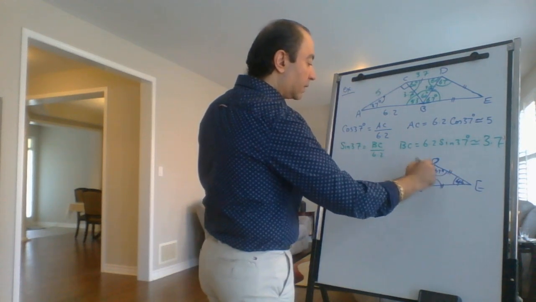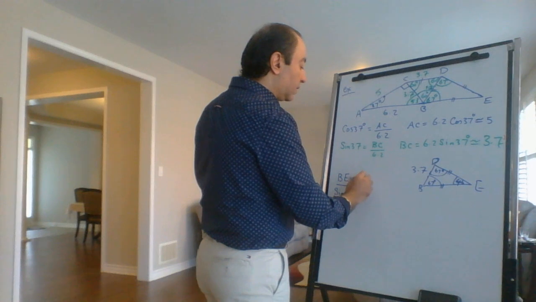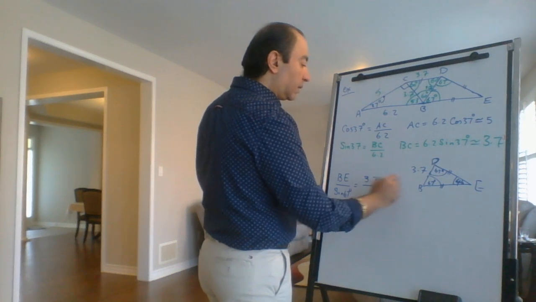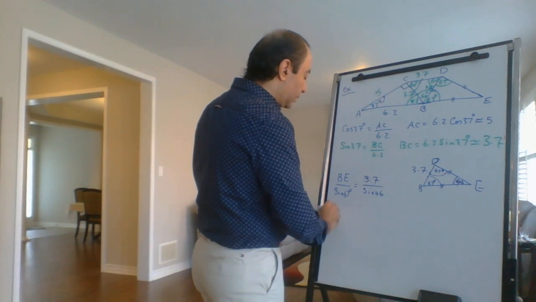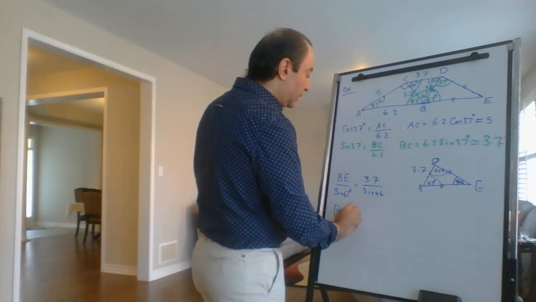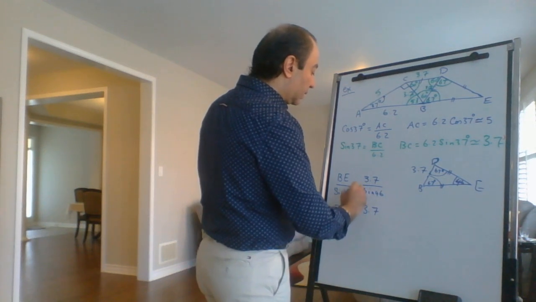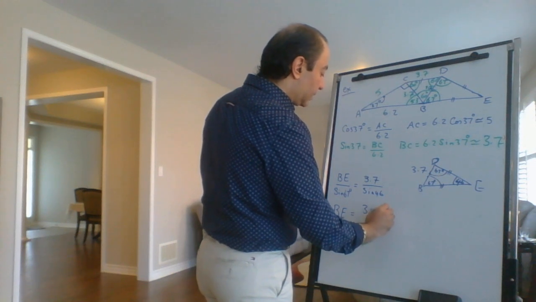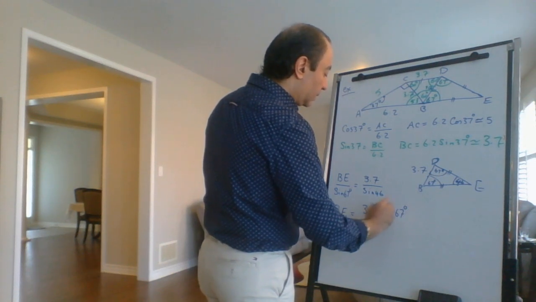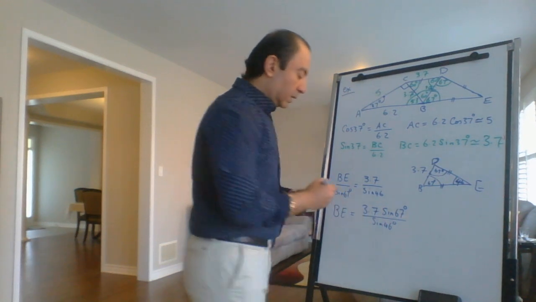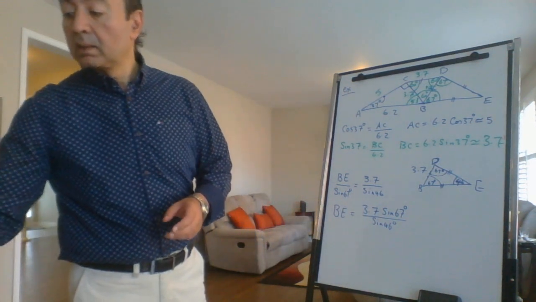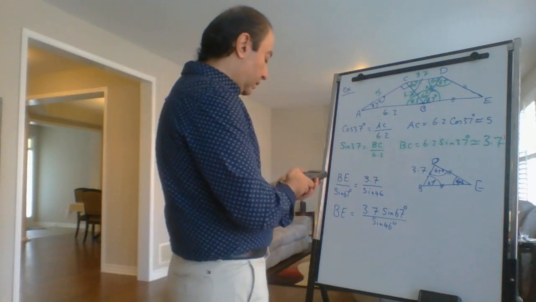Now we know it. So BD, which is 3.7, divided by sine of 46. Now we can isolate BE. So BE will equal 3.7 times sine 67 divided by sine 46, and we can find this.